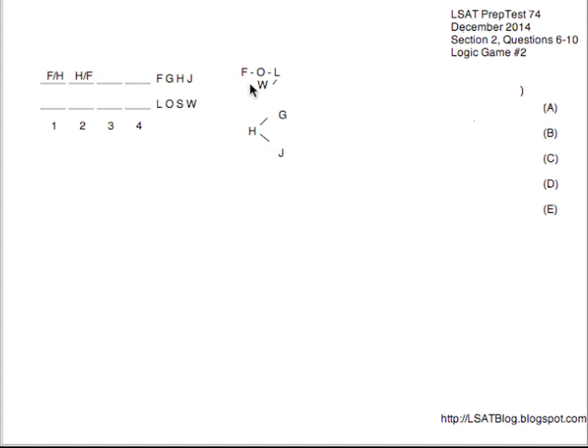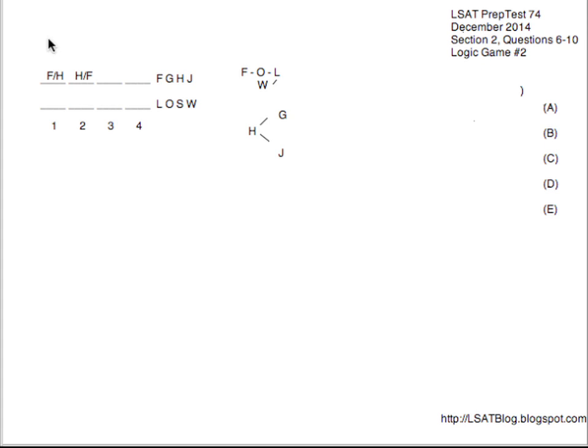Now I know that F is in the top level and O, W, and L are in the bottom level, but regardless, because F is before both O and L, it will still be first or second, just like H is first or second, and so F and H are interchangeable on 1 and 2, a major inference that we can take with us going into the game. That's pretty much it in terms of inferences I would lay out up front.